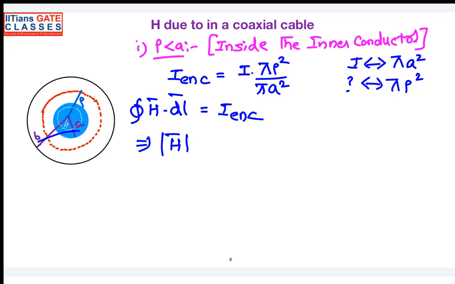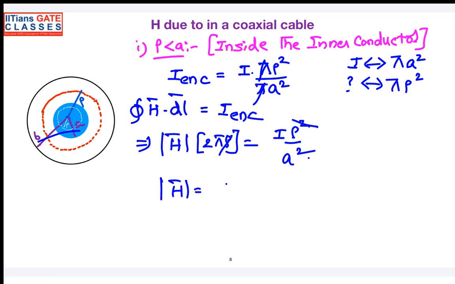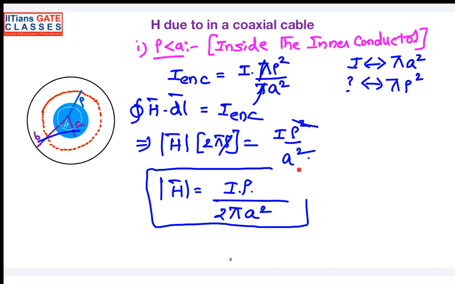Whatever loop you have considered, the closed line integral is nothing but 2 pi rho, is equal to I into rho square by a square. You can see here pi gets cancelled, and rho one time gets cancelled here. So the magnetic field intensity will be given by I into rho divided by 2 pi a square. This is the magnetic field intensity when you are inside the inner conductor.